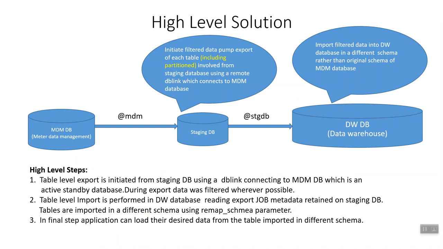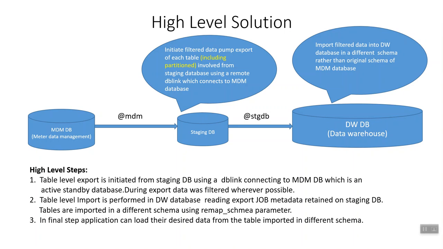Okay, so this was my high level solution. On the left hand side you can see a database related to metadata management, on the right hand side we have a data warehouse database, and in between we have a staging database.